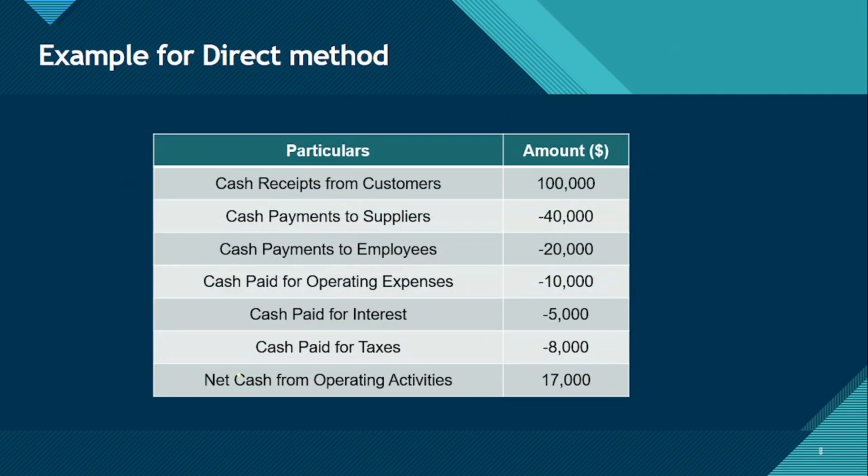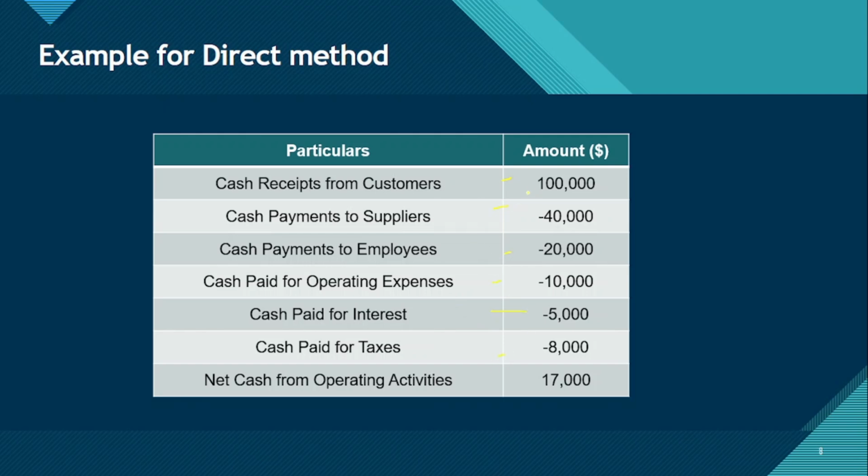So here is an example for the direct method cash flow. Here the cash received from customers is 100,000, which means the direct method shows all the cash received and cash payments directly in the cash flow statement. So the cash payment made to suppliers, cash payment to employees, cash payment for operating activities, cash paid for interest, cash paid for taxes.